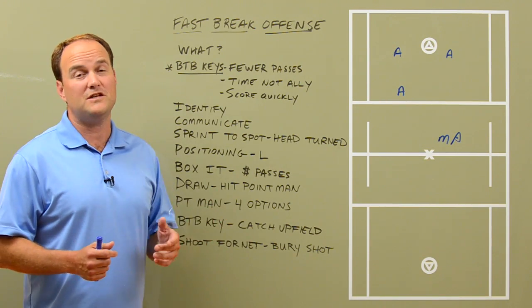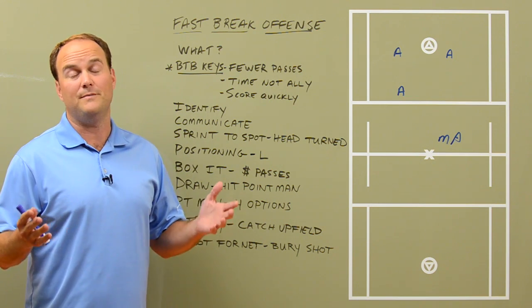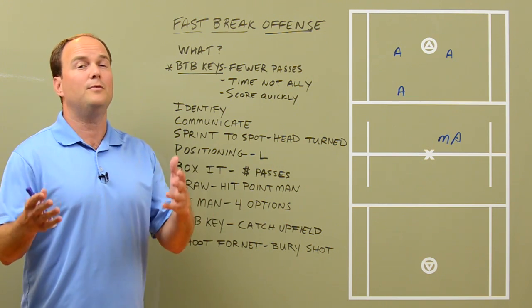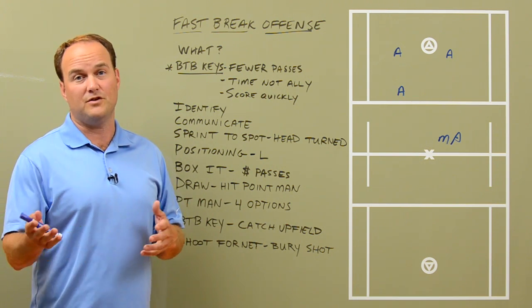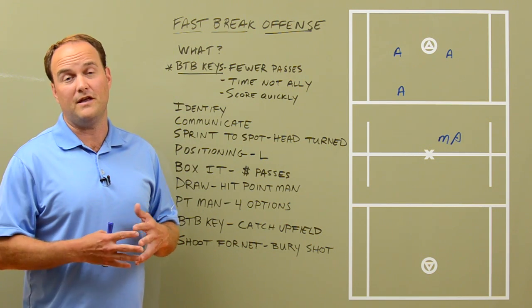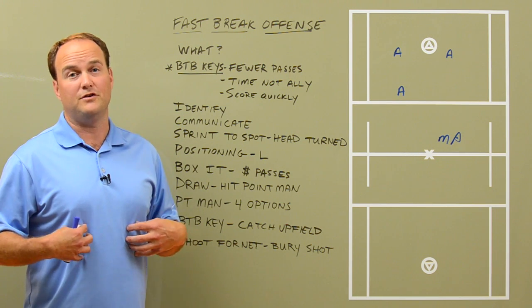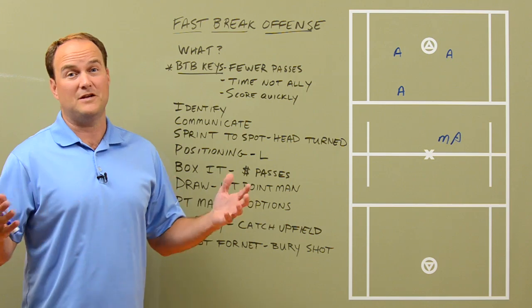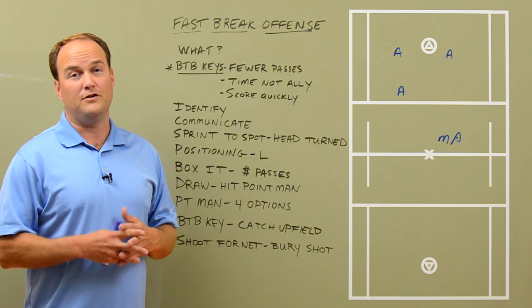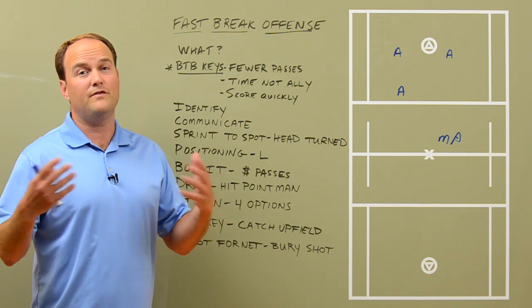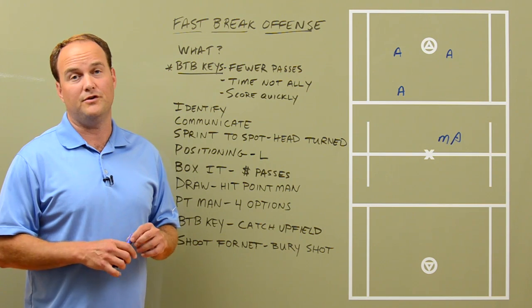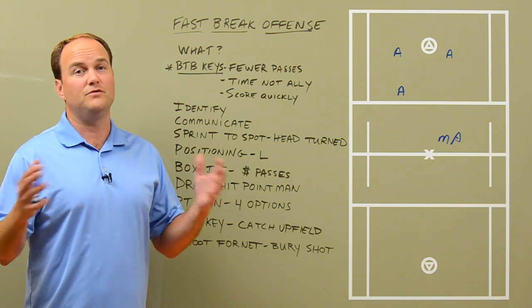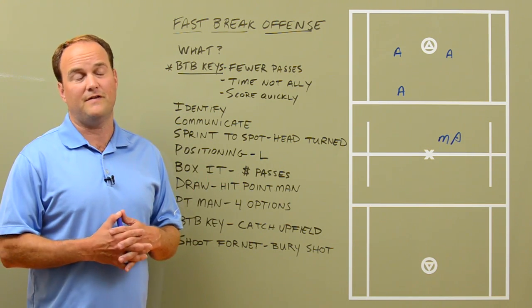Just because you know it's a fast break doesn't mean that all your teammates know that it is. And the terminology that you use in that situation depends on your own team and the terminology that they use. We particularly like to use just very simple terms like fast break, fast break. Your team may have something else that you use, and whatever that is, you just use what your coach has taught you to do. But in our case, we're going to just use fast break as the term to identify a fast break.